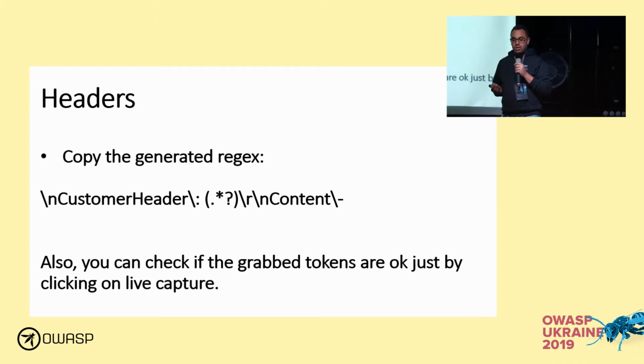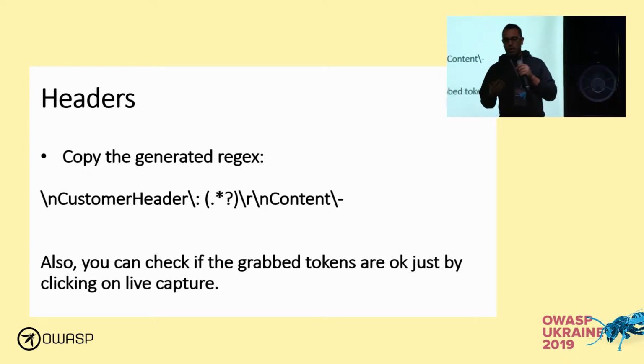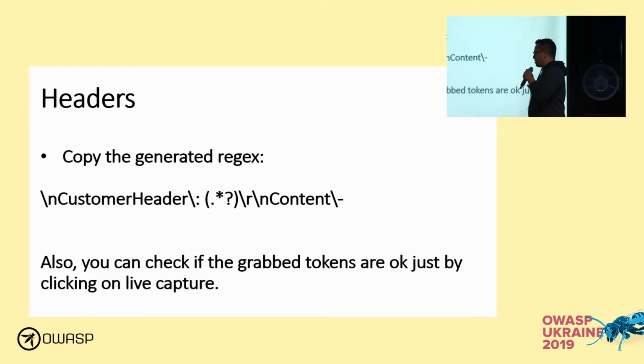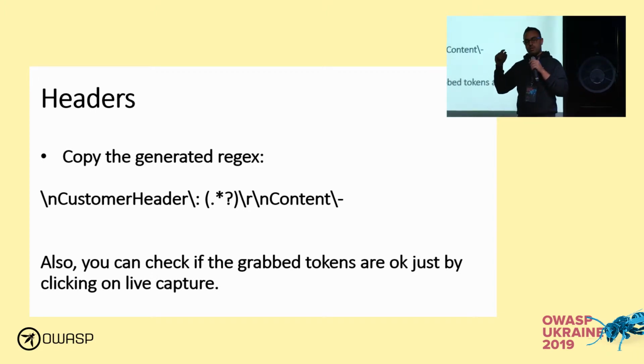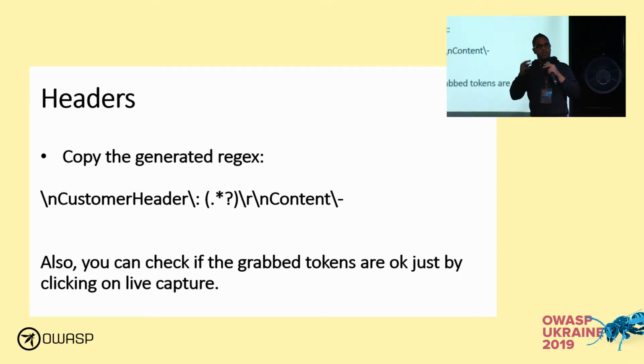Another thing, if you want to make sure your tokens are being captured correctly using the regex, you can use the live capture. Burp starts to make several requests to this token page, and then you can copy and paste into some TXT file and you'll see all the tokens there.